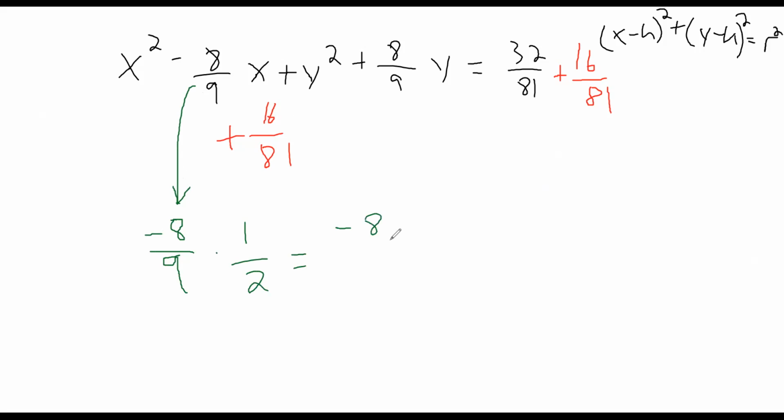That's going to become this if you multiply your fractions, but if you put that in simplest form, that just becomes -4/9. The trick I did was to take half the top number, and it would have become -4/9 anyways.